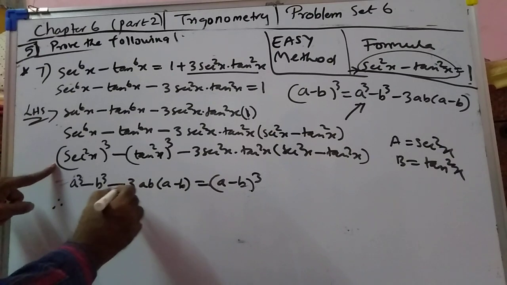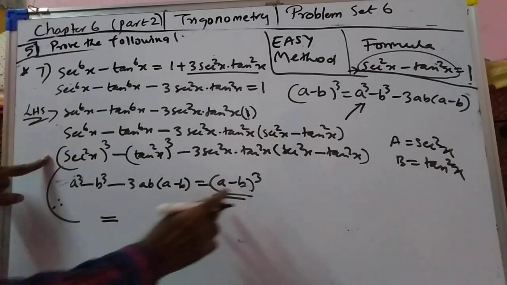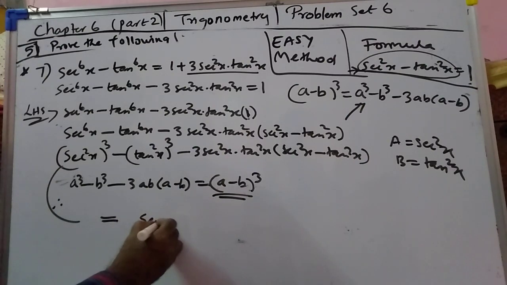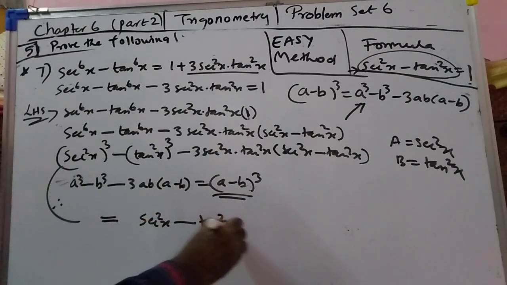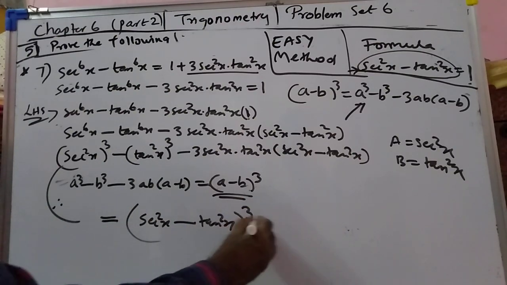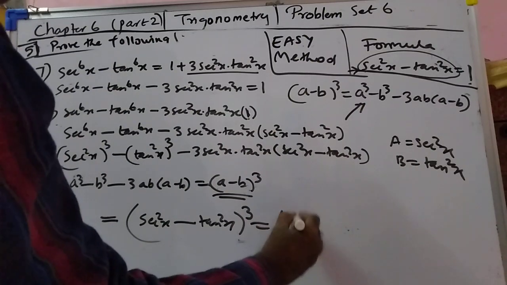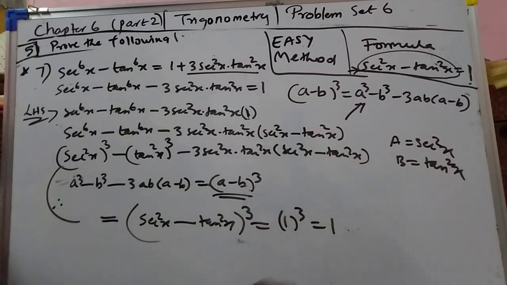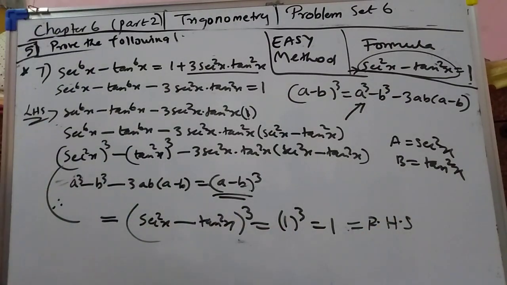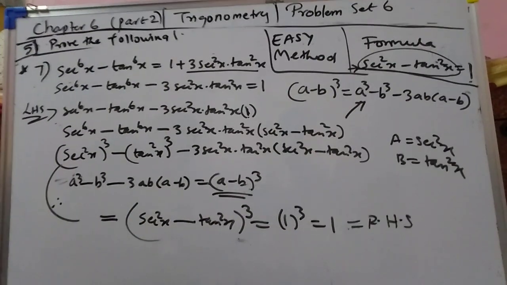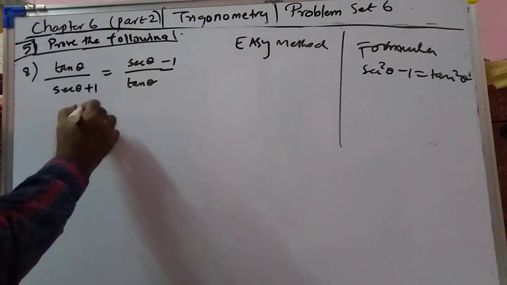So we'll get this: a minus b, that is sec square x minus tan square x, the whole cube. But we know this is 1, so 1 cube is equal to 1. That is equal to the right hand side. I hope you got this. Next we do the 8th problem. Easy method: just rearrange the questions.